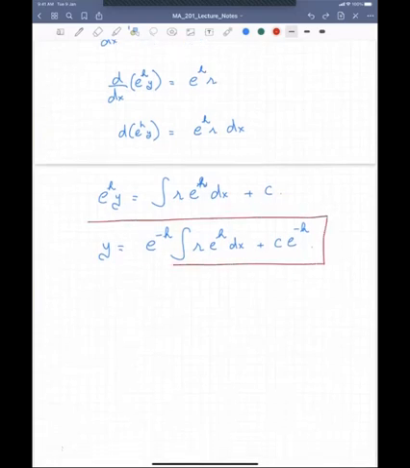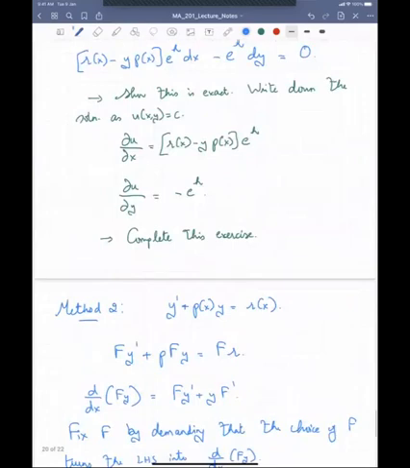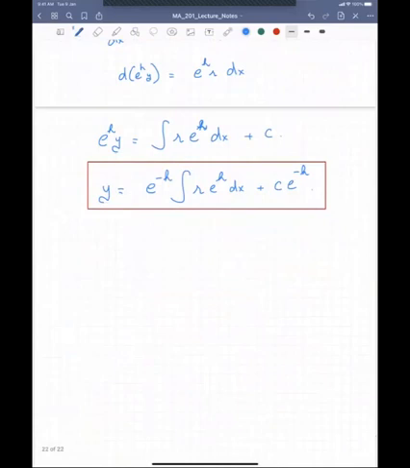But anyway, this is the most general solution for this particular linear first order ODE. And again, forgive me for belaboring this point. I invite you to do it using the laborious method, integrating this, and showing that this is exactly the same as this boxed equation. Regardless of which one you want to follow, this is the most general solution.